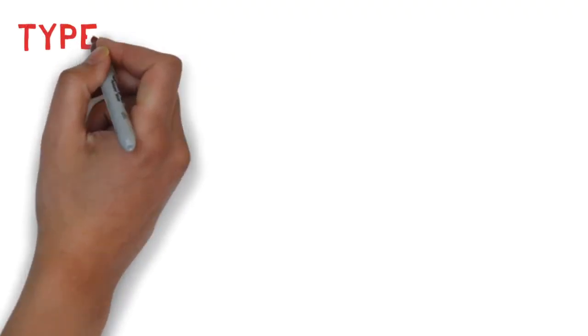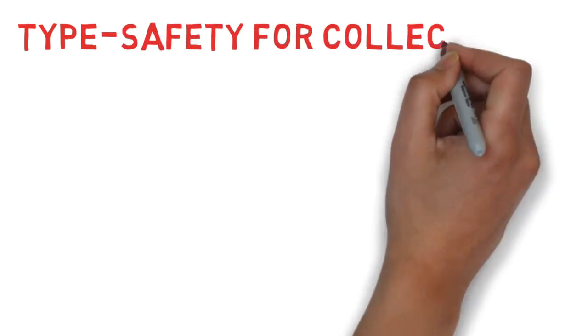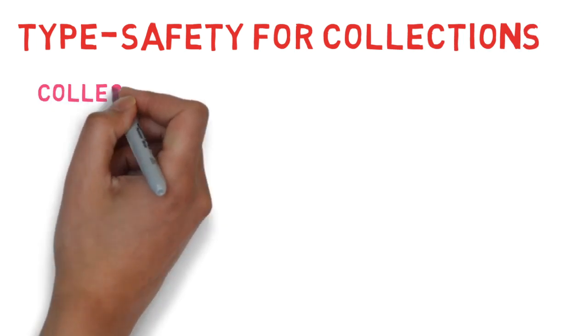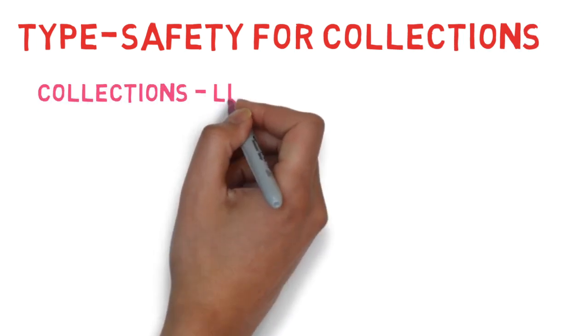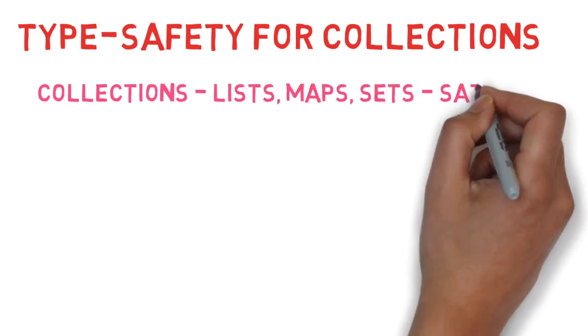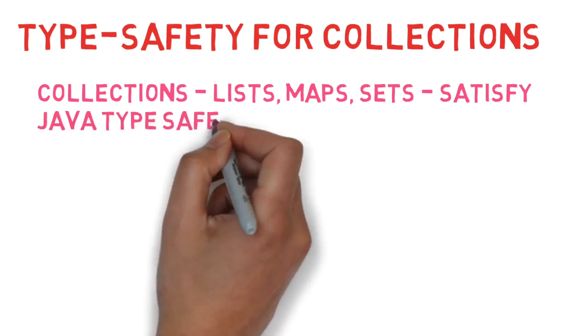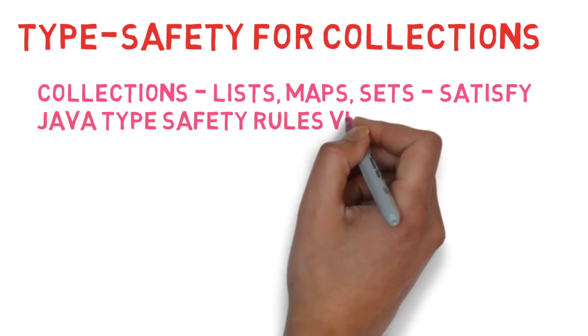When I say Java enforces type safety on collections, it means that type safety for all collections, be it lists, maps, or sets, all of these are enforced in Java. How does Java do this? Here leads to something interesting that we are going to discuss.